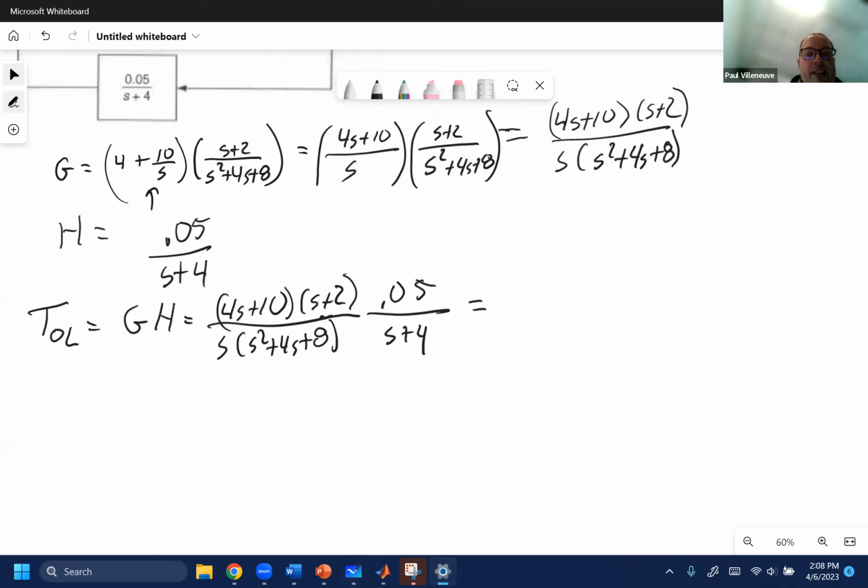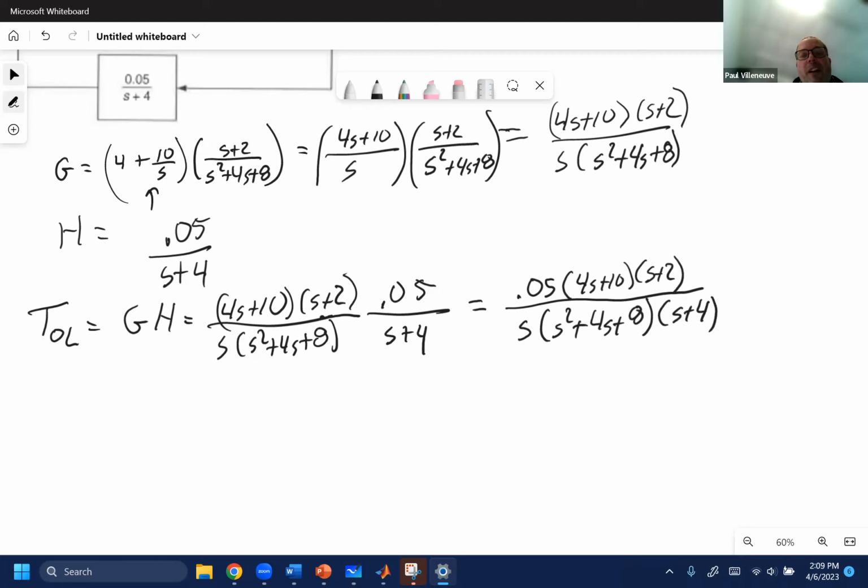Can I distribute the 0.05? I guess I'll just include it in here so it doesn't get lost. So it's 0.05 times 4S plus 10 times S plus 2 all over S times S squared plus 4S plus 8 times S plus 4.